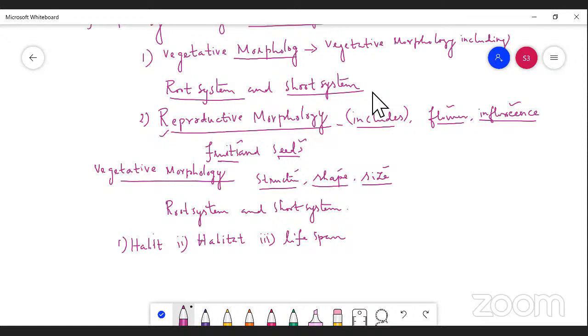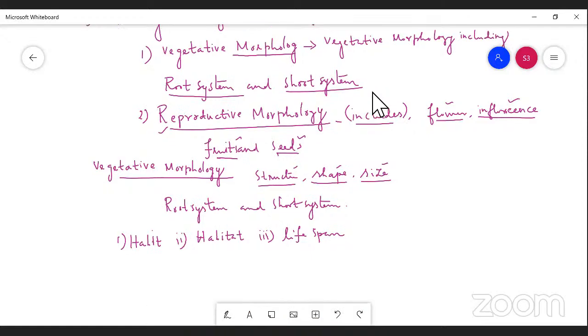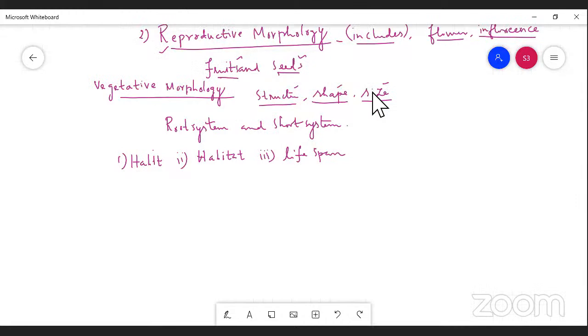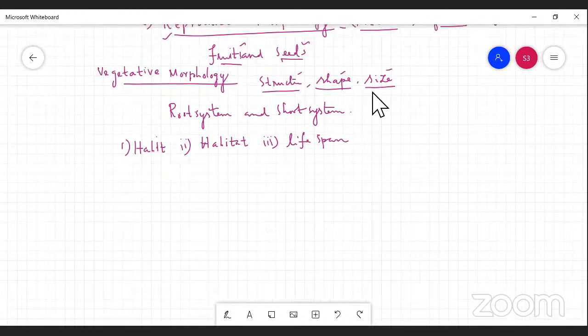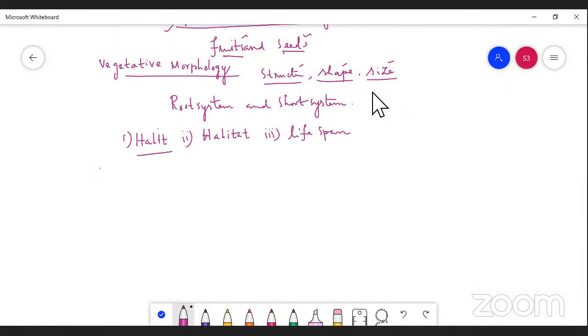The first one is habit. What is habit? Habit is the natural form of plants.